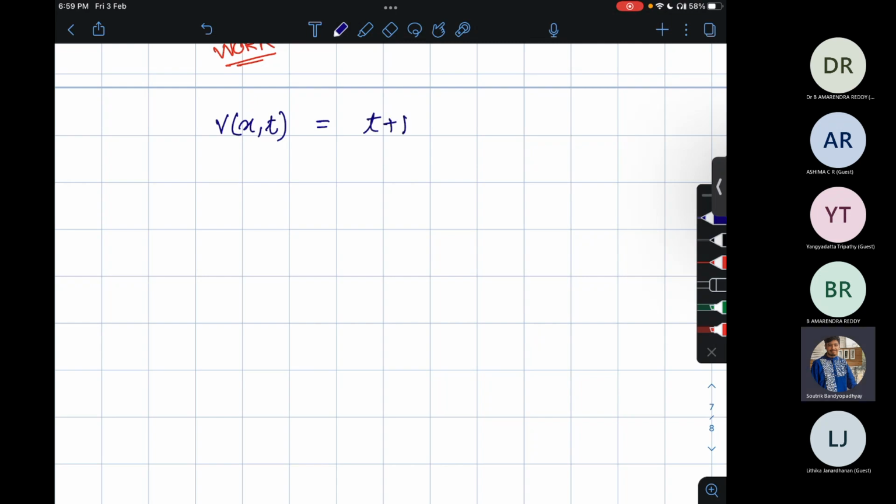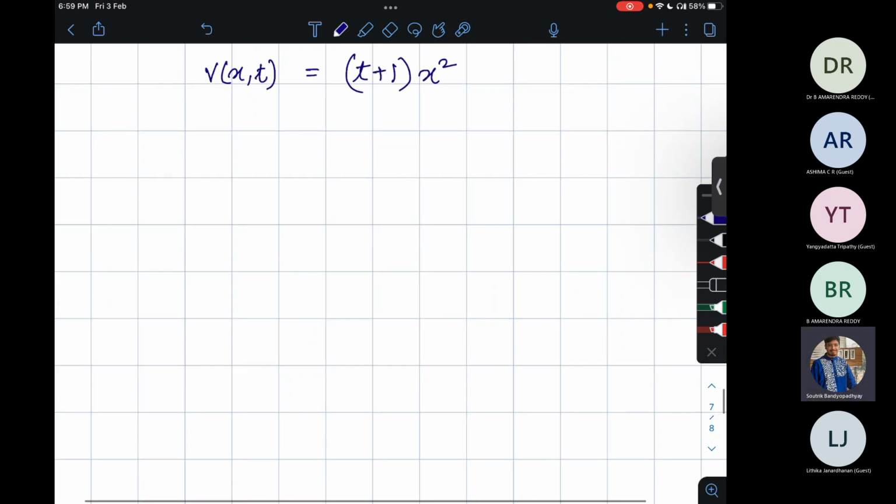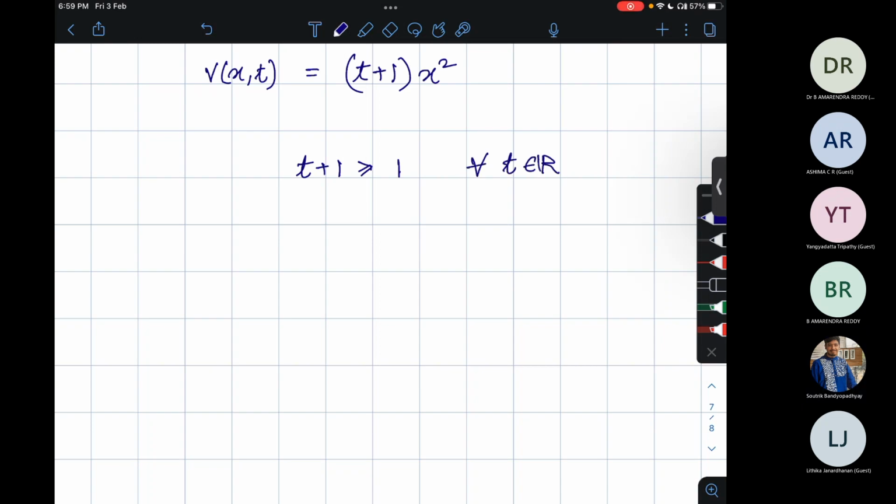So t plus 1 times x square. Now is this a valid Lyapunov function? So let's see. t plus 1 is always greater than 1 for all t greater than 0.